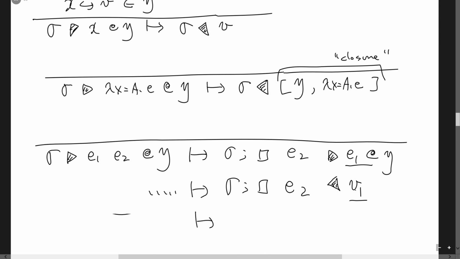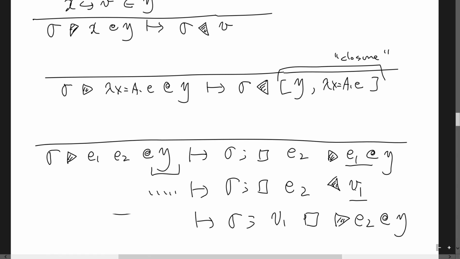Then we would analyze the expression E2. The question is, what is the environment under which expression E2 should be evaluated? It is eta, right? So in other words, this expression E2 should be analyzed under environment eta.